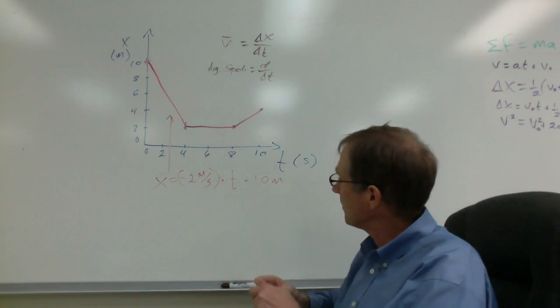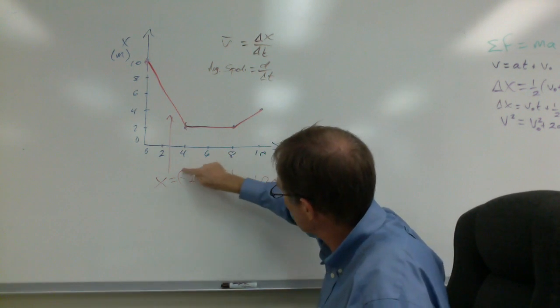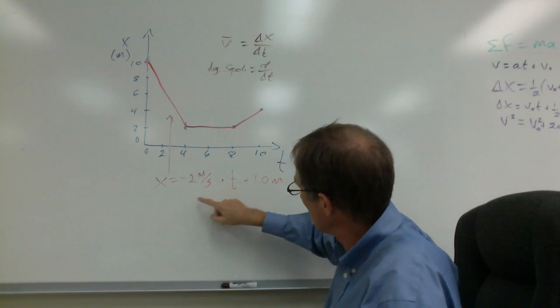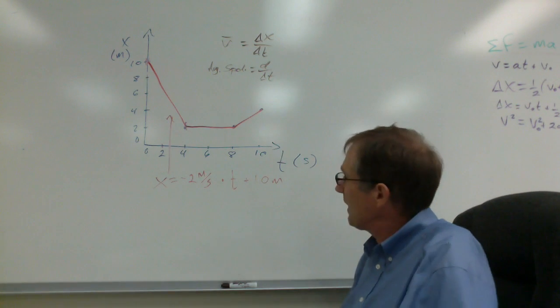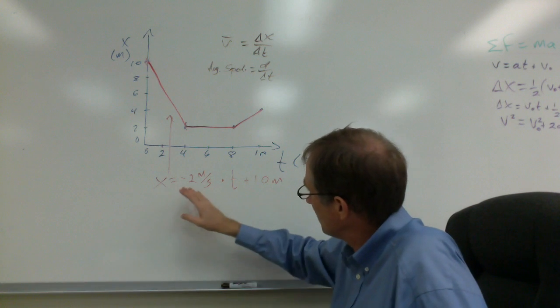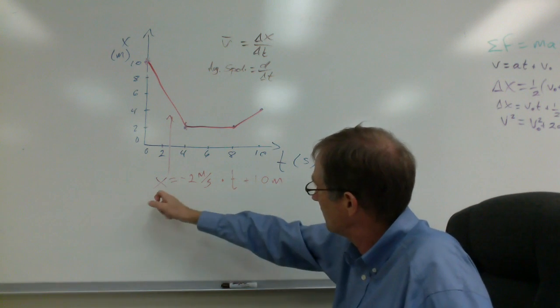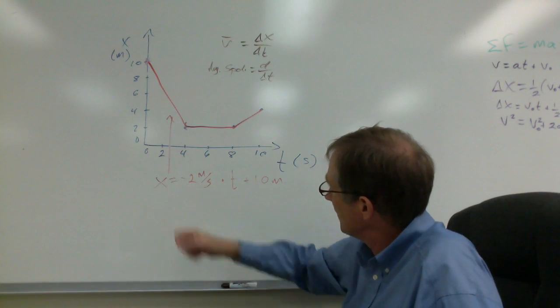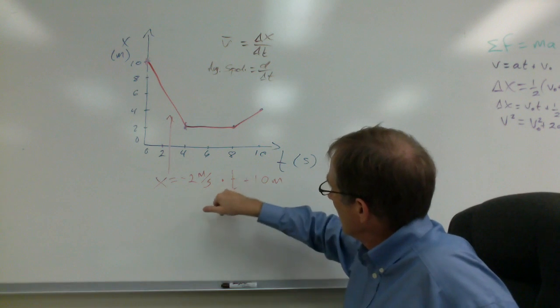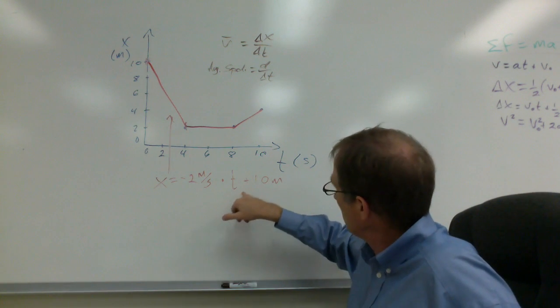So the mathematical model is your y equals mx plus b. In this case, position equals constant velocity of -2 meters per second times your time variable plus 10 meters.